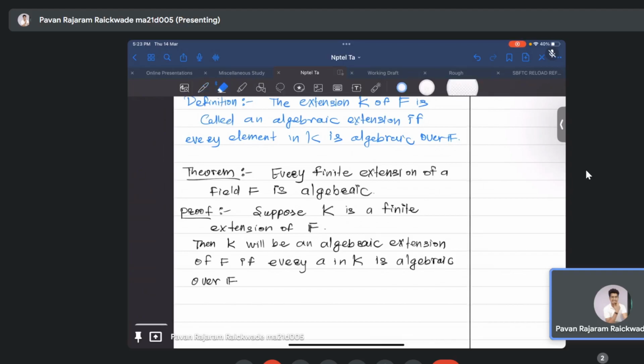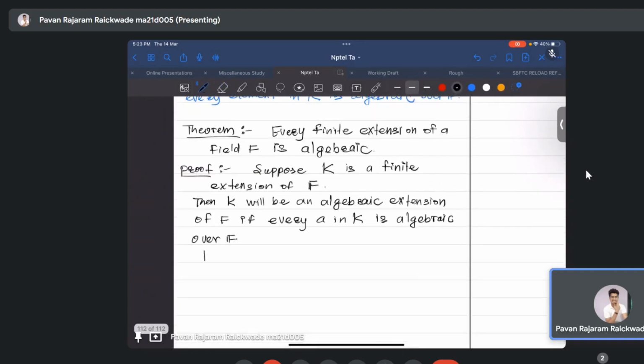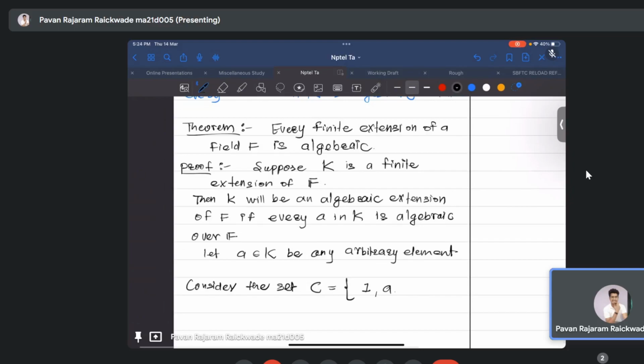Okay. So now you take any element A belonging to K, any arbitrary element. Consider this set: 1, A, A squared, up to A raised to n.